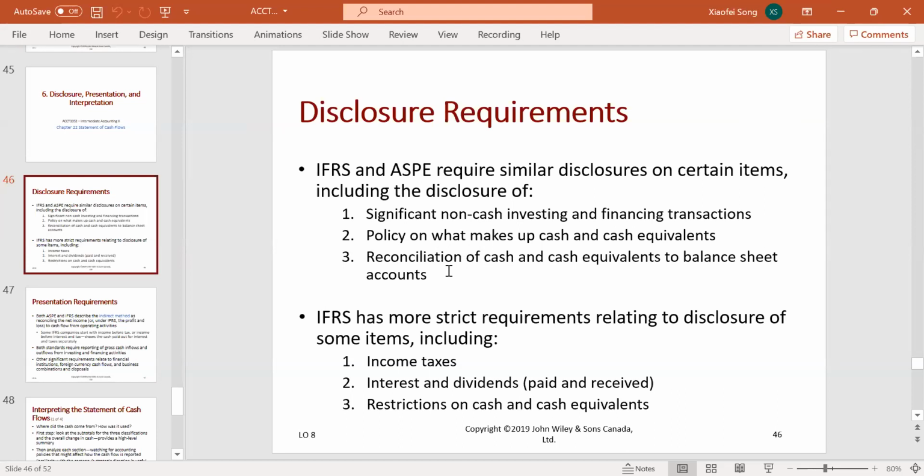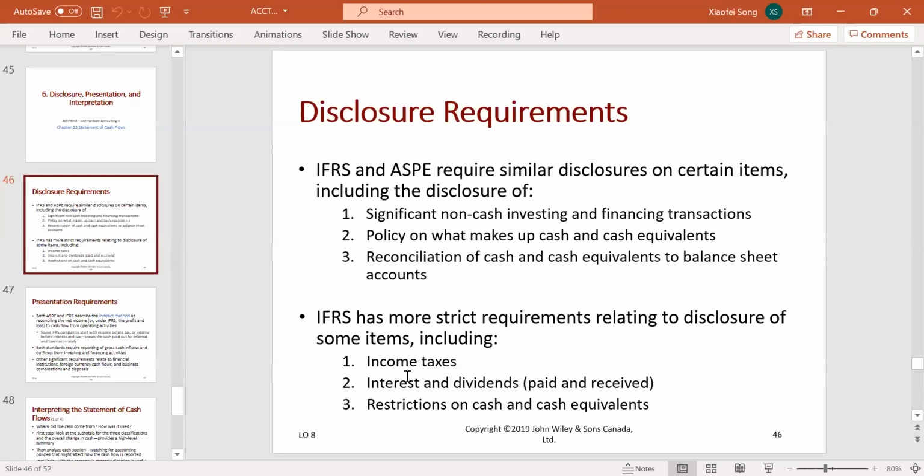So that's fine. But we also had the two additional disclosures under the indirect method, right? That's the requirement of IFRS. That's income tax paid and the interest and dividends paid and received should be shown somewhere.